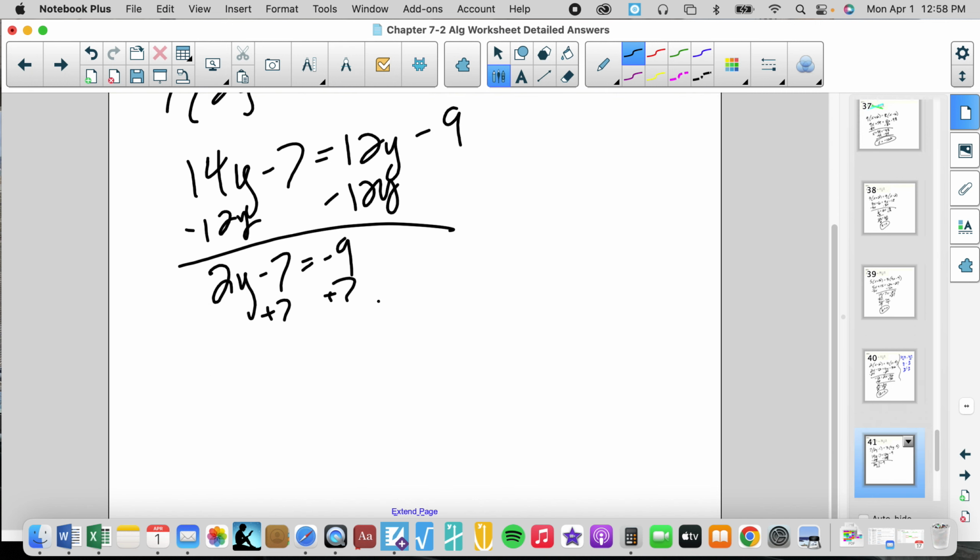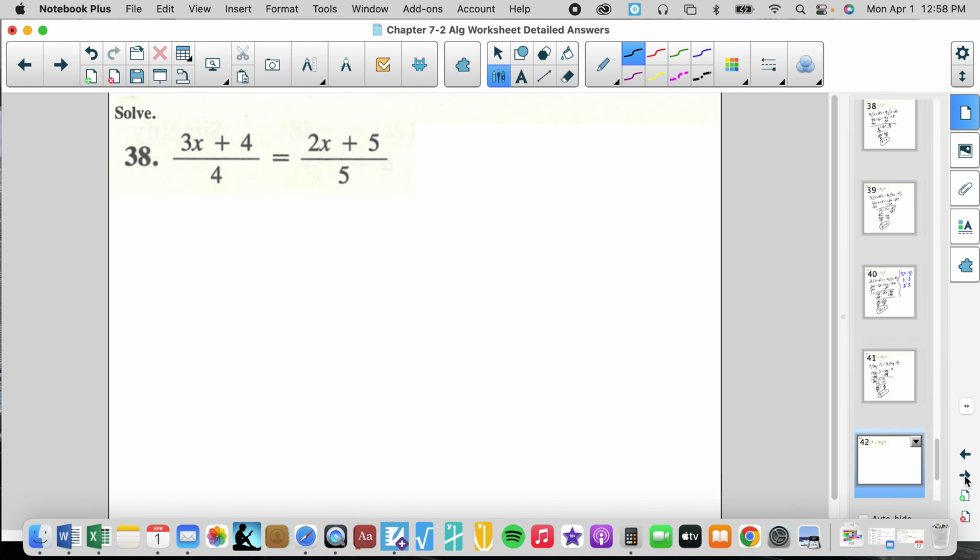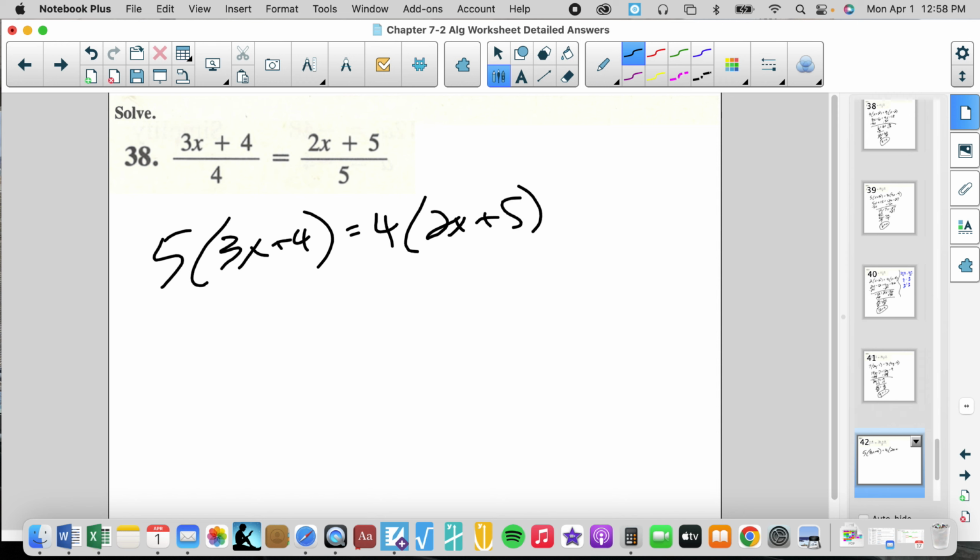Add 7. 2y equals negative 2. y equals negative 1. It's our first negative 1 in a long time. I don't think we had negative 1 as an answer in either of the last worksheets, which to me is a typical answer.